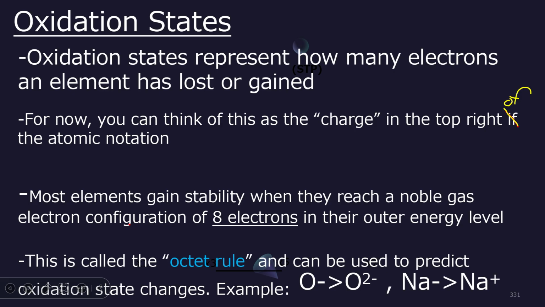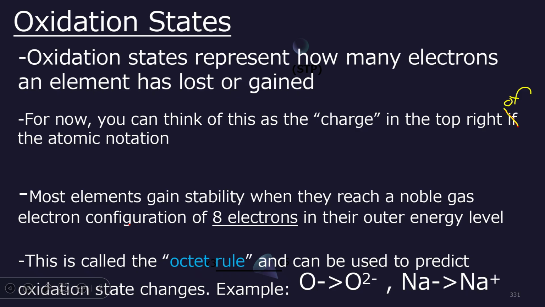You'll hear this a lot. You'll be asked questions about this a lot. Which of these things fulfills the octet rule, which don't? Explain why. So the octet rule is 8 electrons in the outermost shell or outermost energy level. Does it have it or not? And you can predict that most atoms will attempt to get to this octet by losing or gaining electrons.